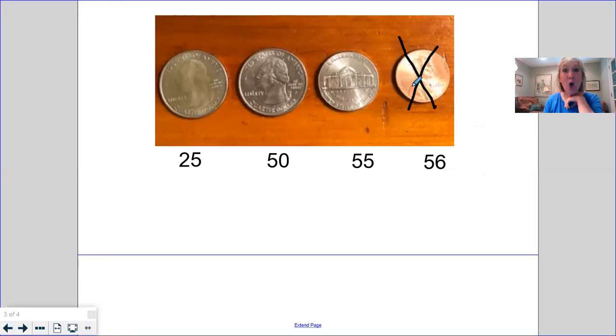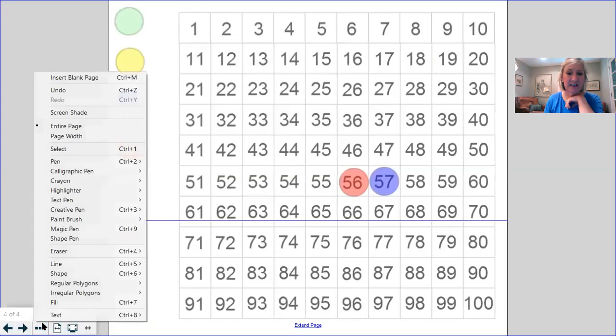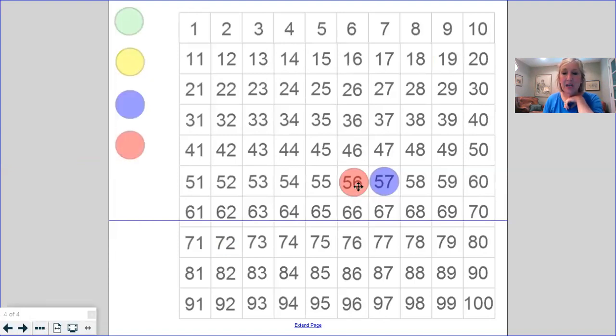Because I'm taking away a penny. Okay, so let's see what would be one less than 56. Now, I had 56. Someone came and took away that penny. So how many cents do I have now?